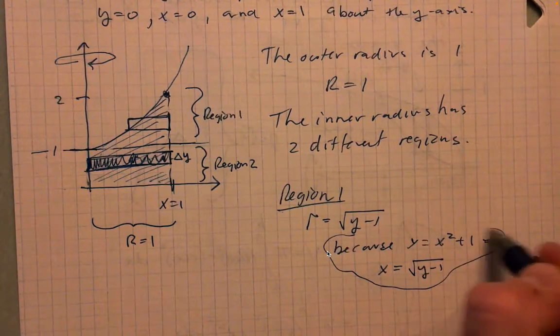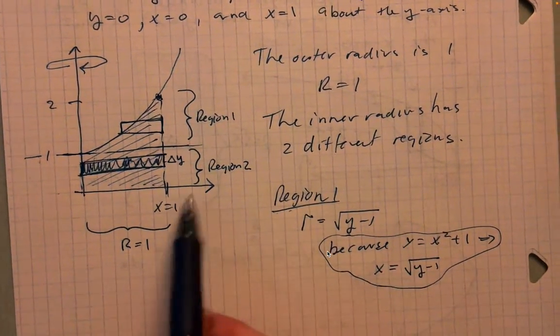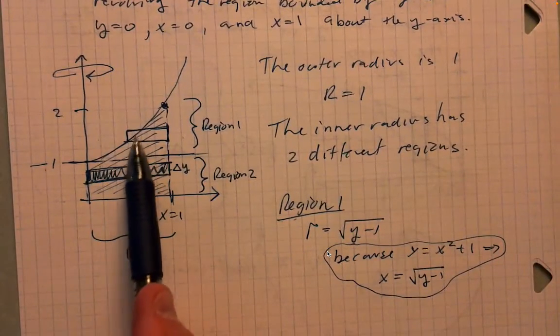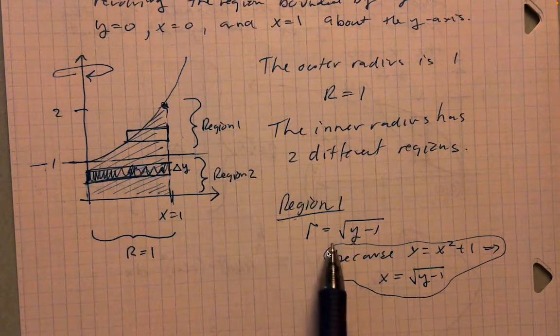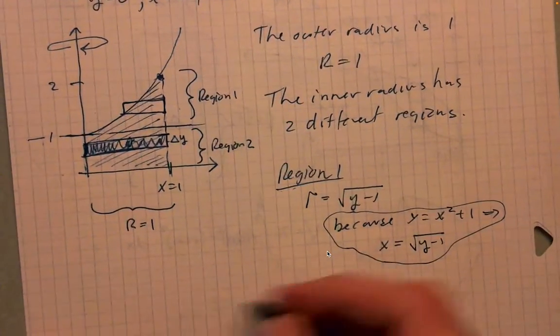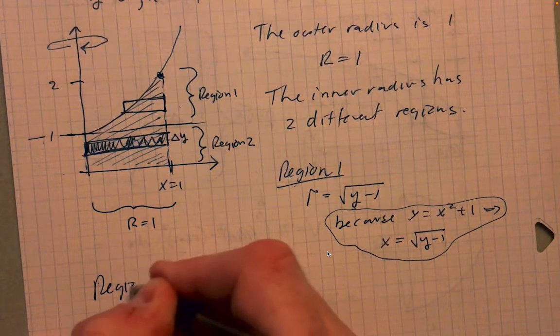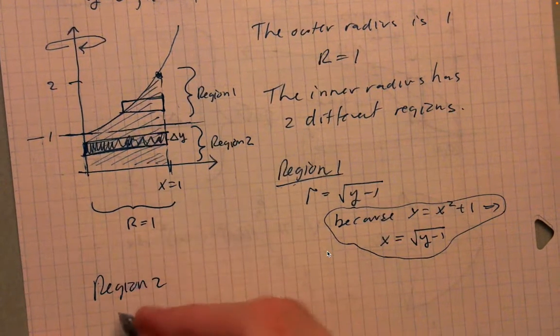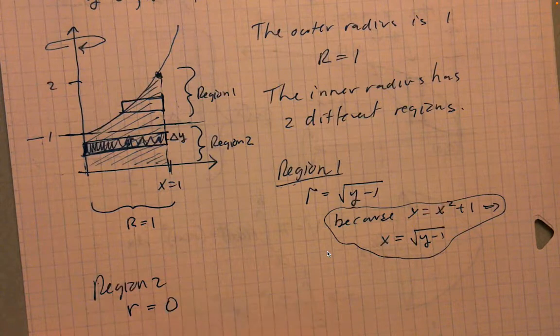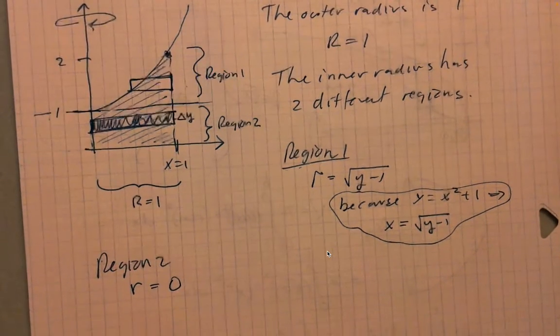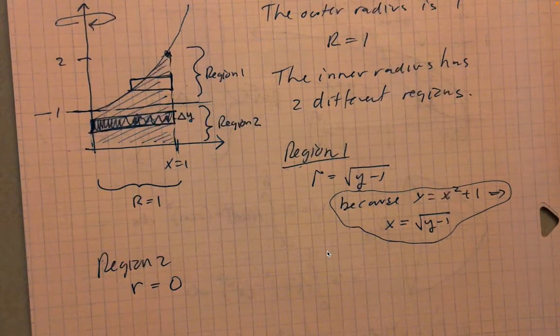That's kind of a side calculation. So in region 1 up here, the little r, the inner radius, is the square root of y minus 1. In region 2, that's this lower section, there r is equal to 0.